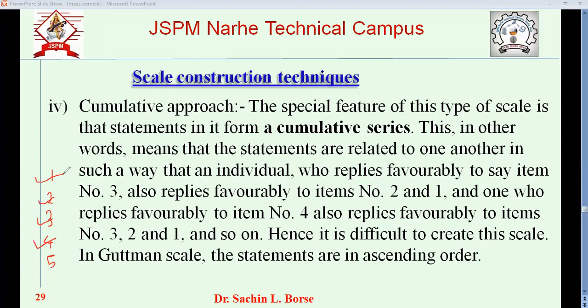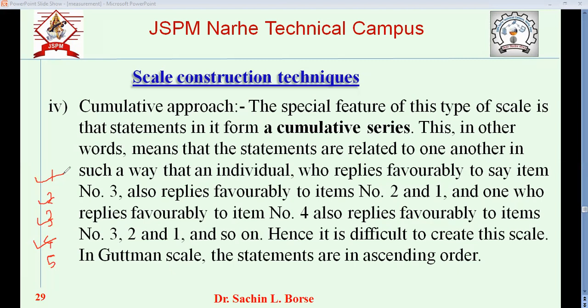So that's why creating the statements itself is, we can say, difficult, because they are linked together. When we say that statement number 5 is correct, what does it mean? All the statements are correct if it contains 5 questions.